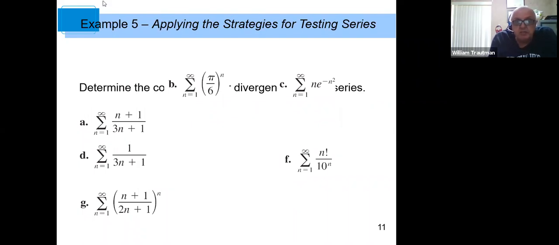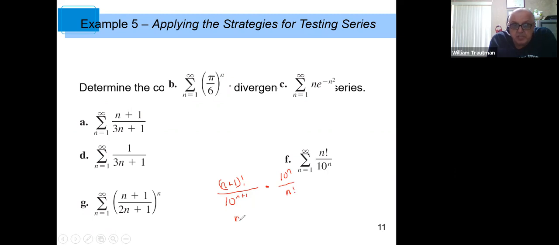So let's look at F. We're going to do n plus 1 factorial over 10 to the n plus 1, divided by, but I'm going to multiply it and flip it, 10 to the n over n factorial.